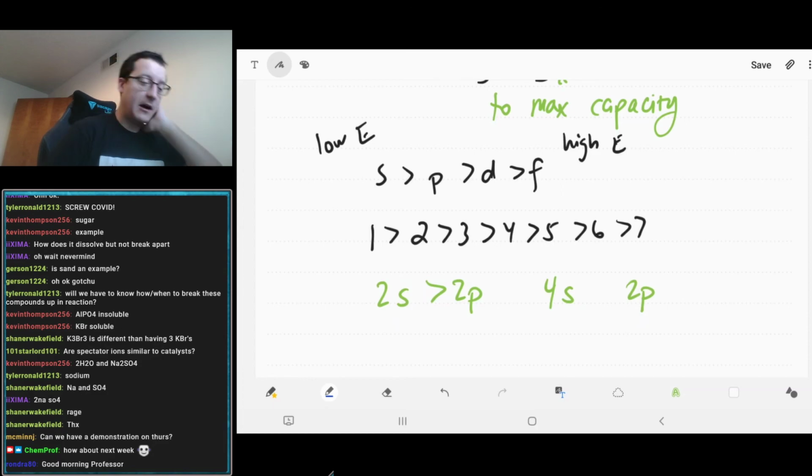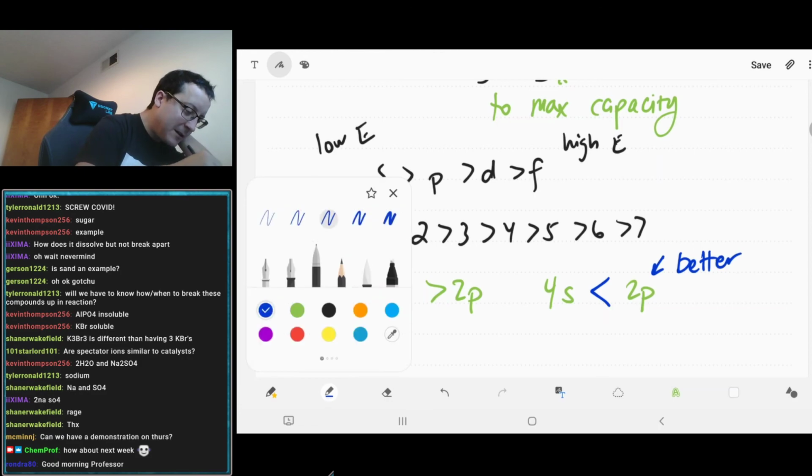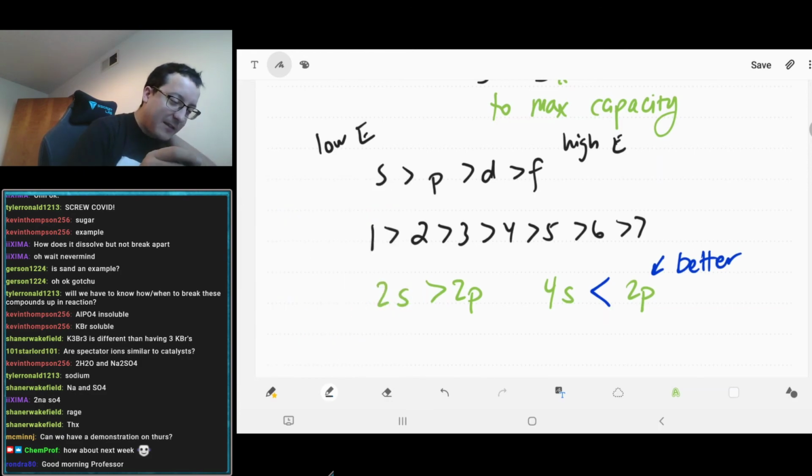It may not be as obvious to us, but I'm going to tell you that we're going to want to put them into 2p first. It's not as obvious to you because, we know that... actually, no, this should be very obvious to you. No, it shouldn't. Okay, we know that p is worse than s. However, in this case, the number of shells is going to be the deciding factor.